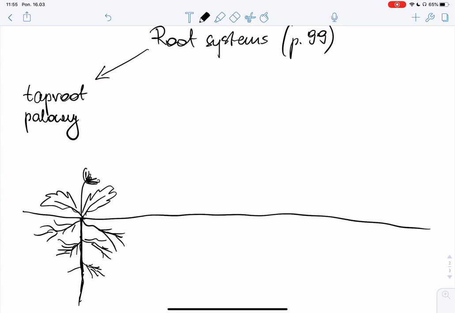So the deeper the roots are, the shorter they are, and those on their side are called the secondary roots.